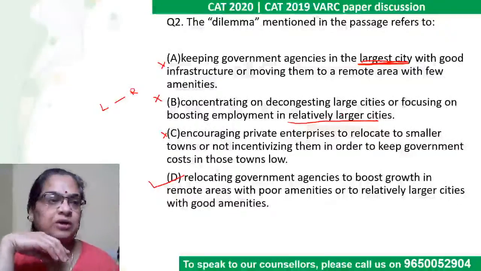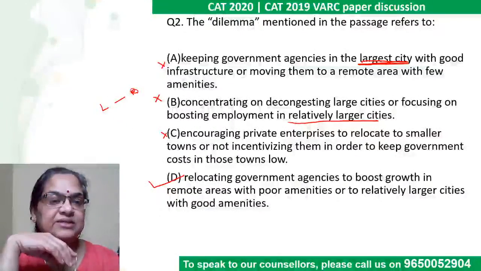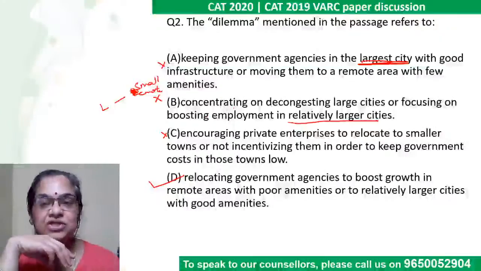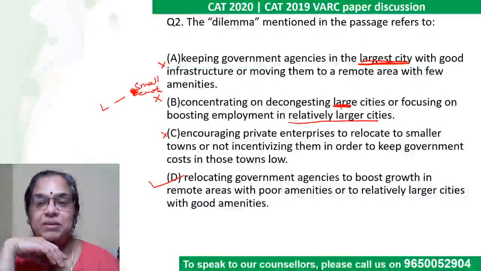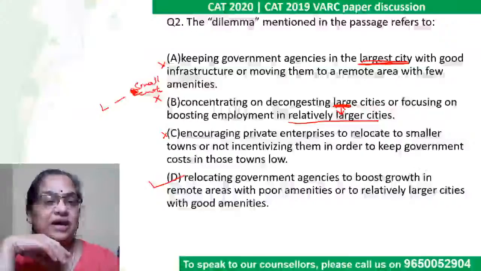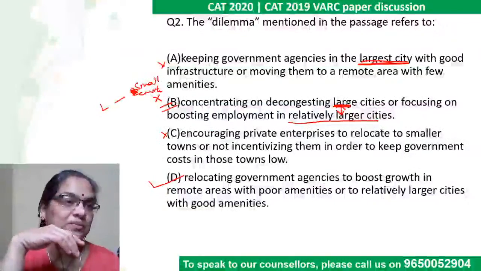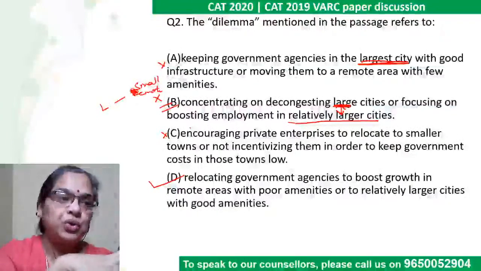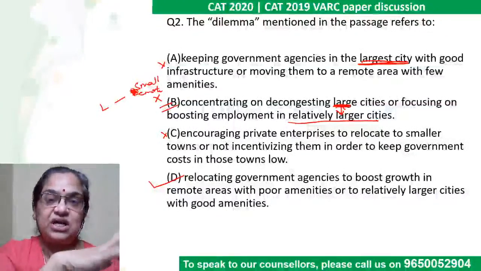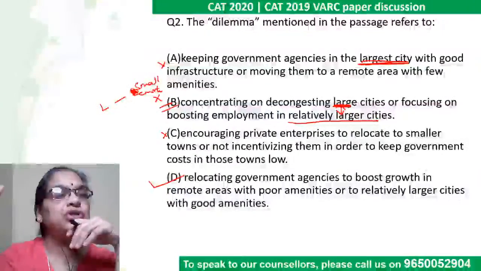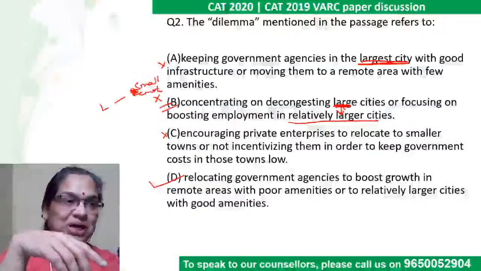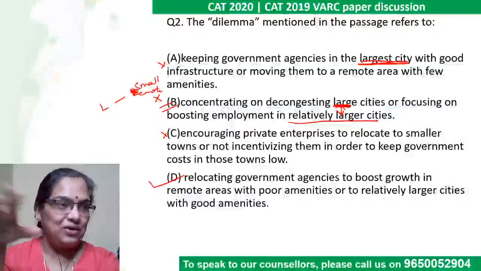Ashi, he is not making the comparison between large and smaller remote places, right? B is talking about the dilemma between large and larger, which is obviously wrong. Understood. The dilemma is between should you go to the central cities, which are large, or should you go to the remote, smaller cities. Option B says, should you go to a large city or a larger city? Not correct.